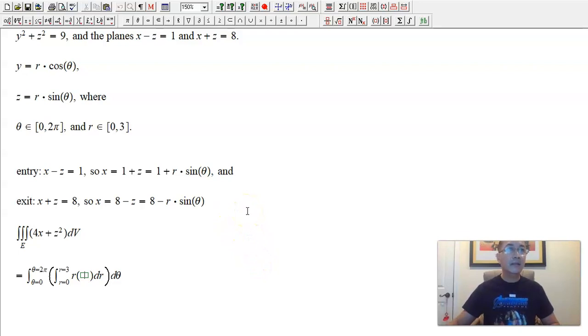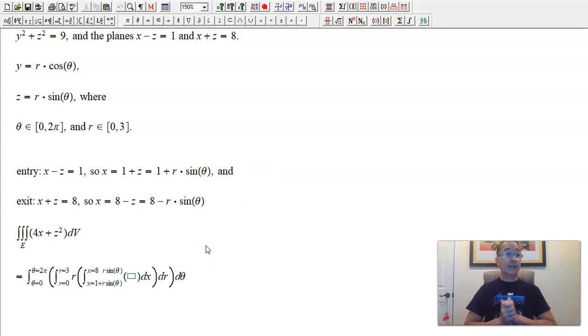And then on the inner integral, we now have x. So x is going from 1 plus r sine theta to x equals 8 minus r sine theta. Our integrand is 4x plus z squared, and our variable of integration is dx.